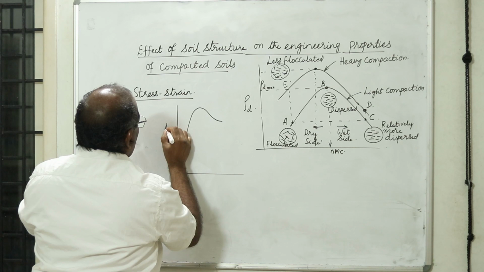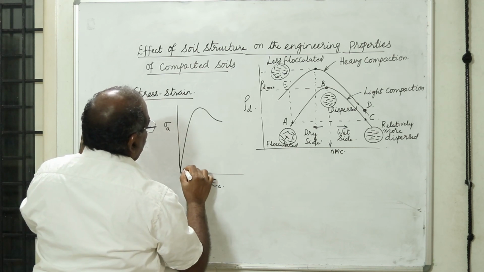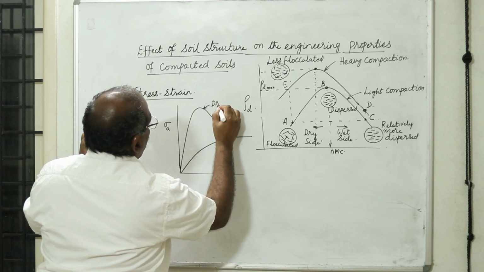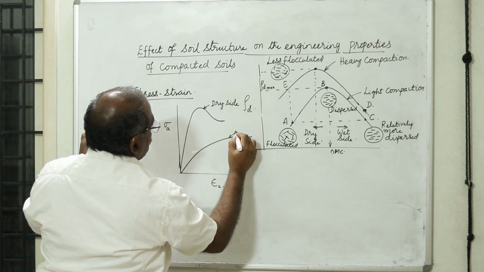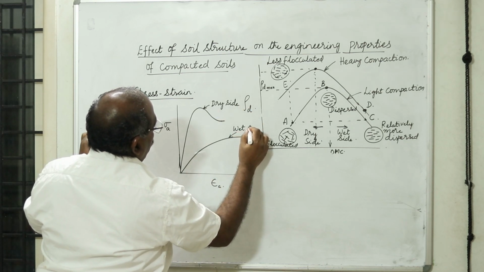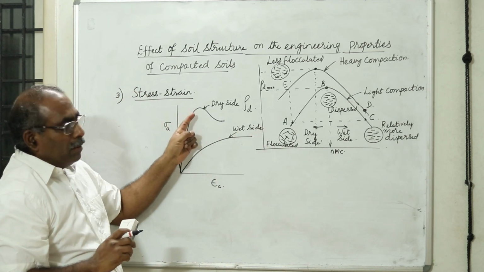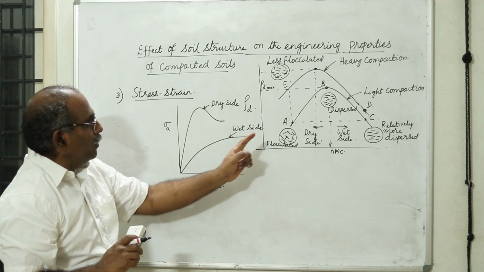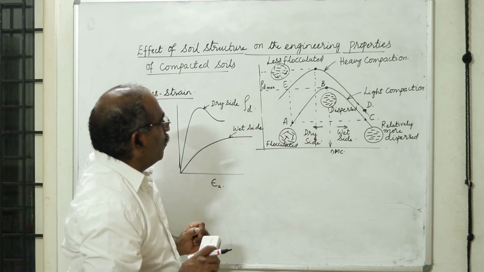The stress strain curves are like this, sigma A versus epsilon A, and a wet of optimum sample will have a curve like this. This is the sample compacted to the dry side, and this is on the wet side. Now we can observe here the strength of the sample which is compacted slightly to the dry side of the optimum. It may be somewhere here, to the left of the optimum.